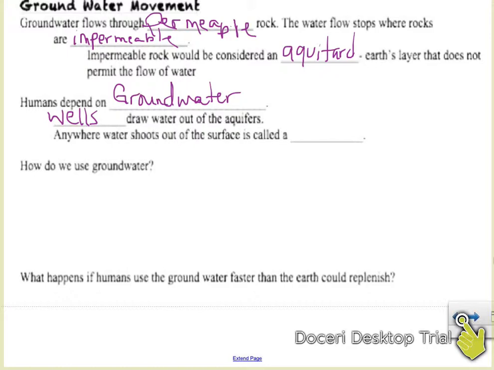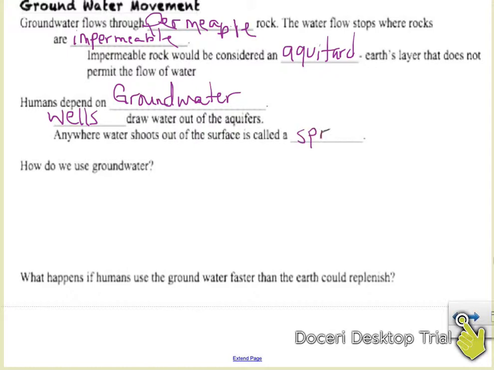Now sometimes the rocks push up, because remember our earth is always moving, and sometimes that pressure pushes up. It may push up a part of the aquifer to the land, which breaks it, and then water comes shooting out of it. When it shoots out of the surface, that's a spring.